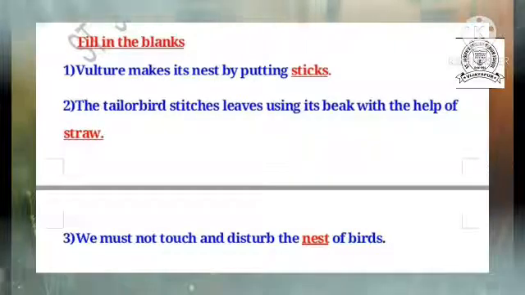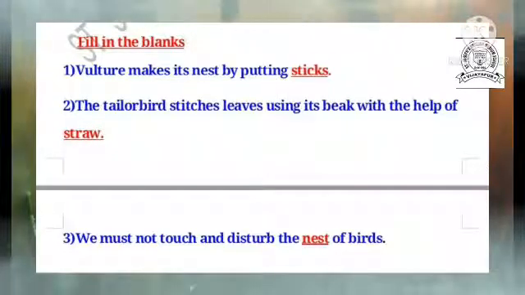Second question, fill in the blanks. First one, a vulture makes its nest by putting dash together. Vulture can make their nest in dark places or high places, and for building their nest, what do they use? They use sticks. I showed in the video also.